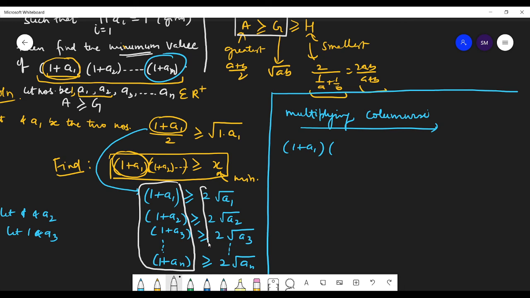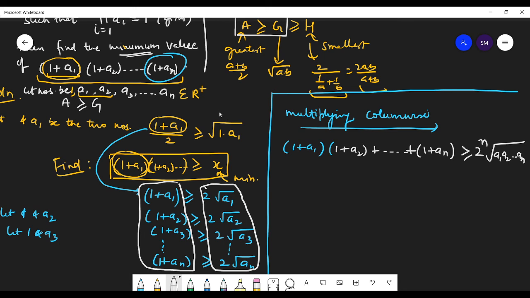So tell me, students, 1 plus A1 into 1 plus A2, up to 1 plus An is greater than or equal to 2 raised to the power what? How many times 2 is multiplied? n times, okay? And then under the root A1 into A2 up to An.